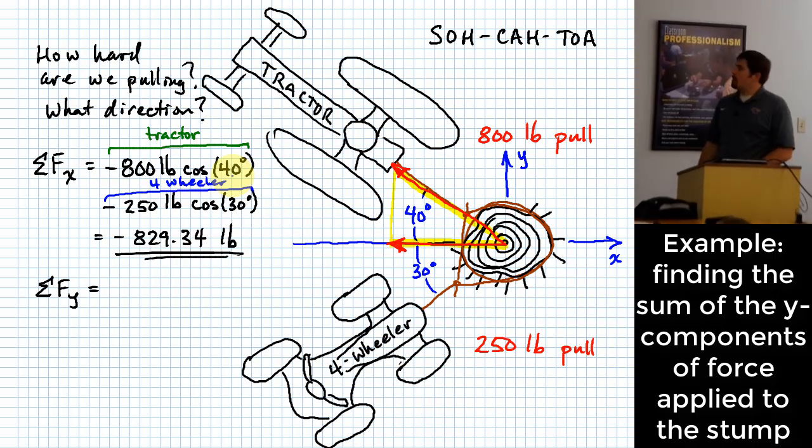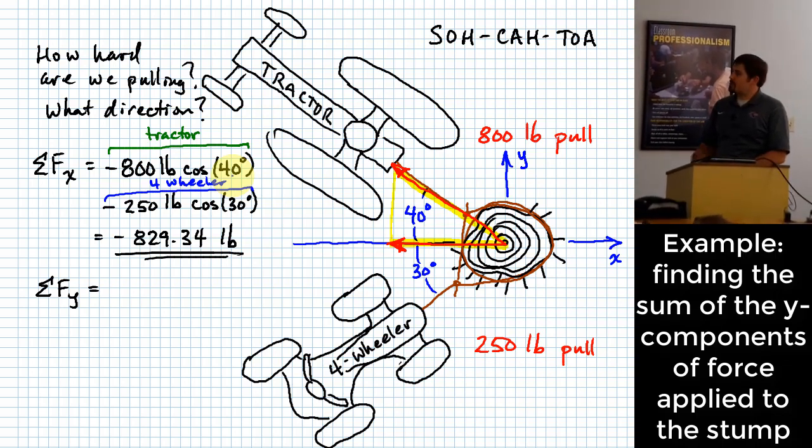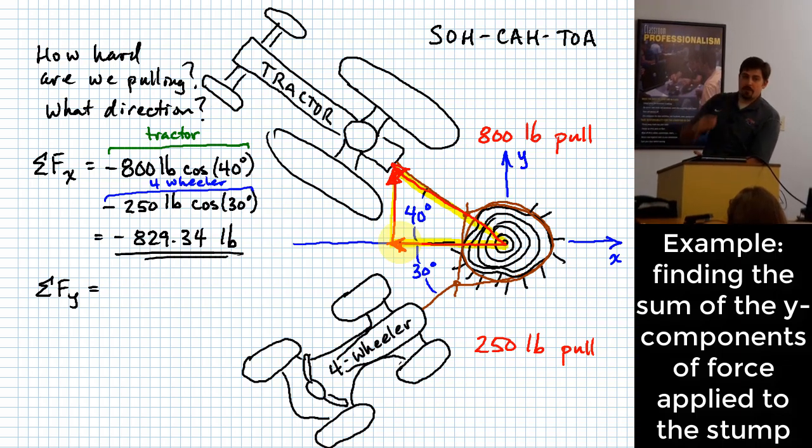All right, what about the y direction? We'll start with the tractor. I need just the y component of the force in the rope where the tractor's pulling. So what you're doing there is basically finding this part of the triangle, which means you're finding the opposite side to where the angle is measured.